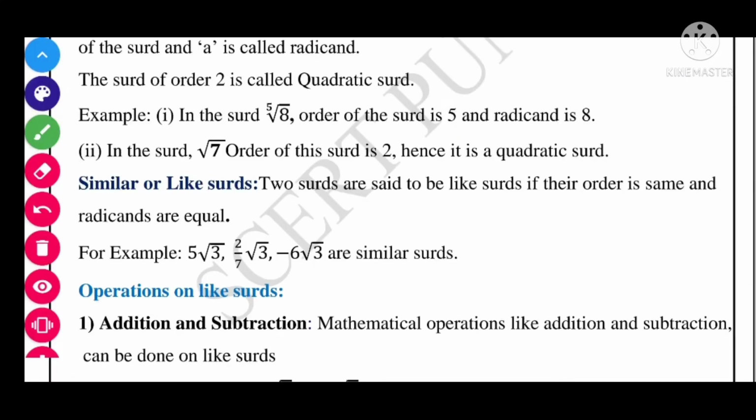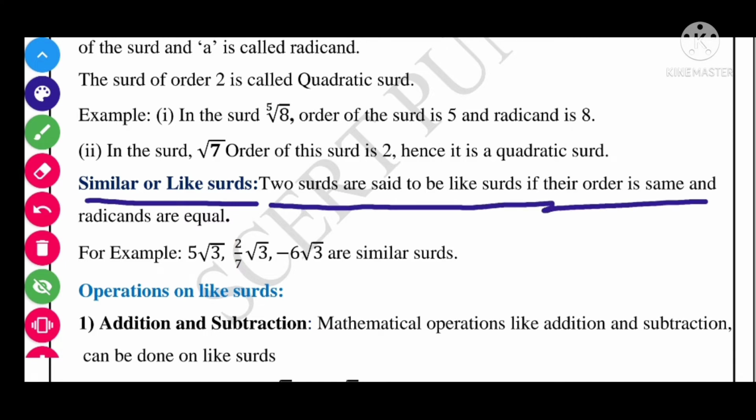The next important point is similar or like surds. Two surds are said to be like surds if their order is the same and radicands are equal. Here, the radicands of all the given surds are equal. That is, radicand is 3 in all the given surds.